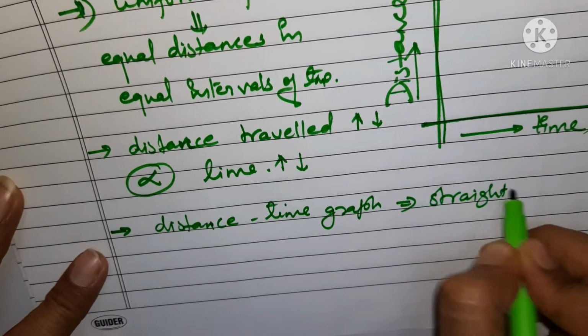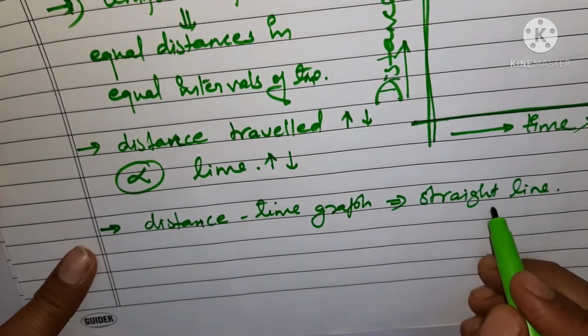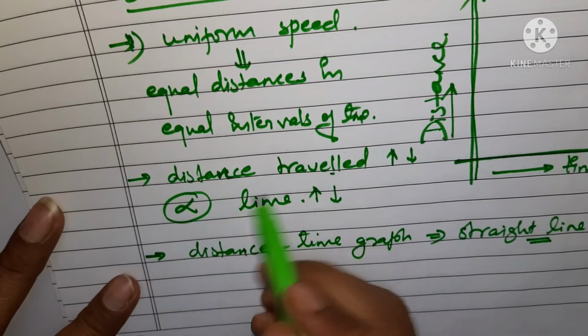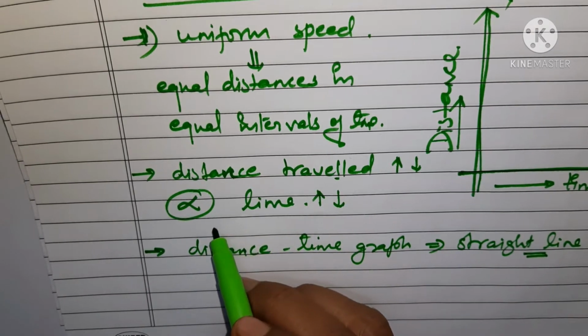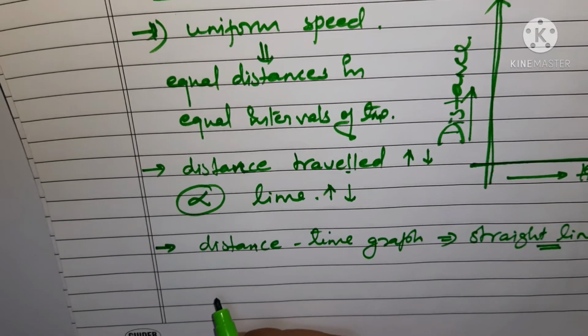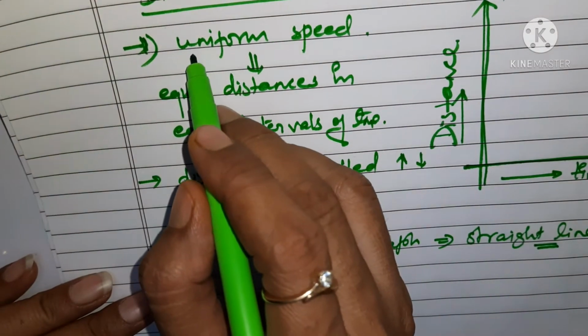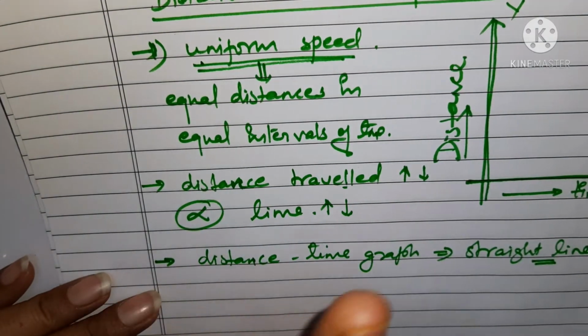A straight line shows that there is a proportional relation between distance and time. And its speed is uniform here, which means equal distances are covered in equal intervals of time.